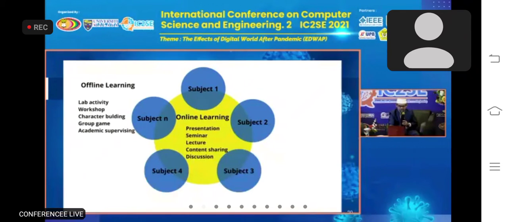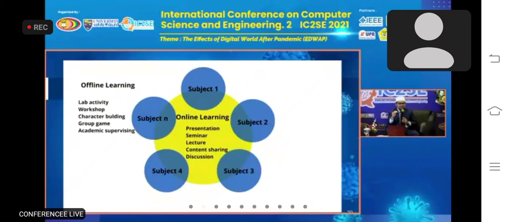For example, we can see in the picture the activities that can be done by online learning, like presentation, seminar, lecture, content sharing, and discussion. But because this online learning is in the area of offline learning, it doesn't necessarily have to be online, but can be done offline also.